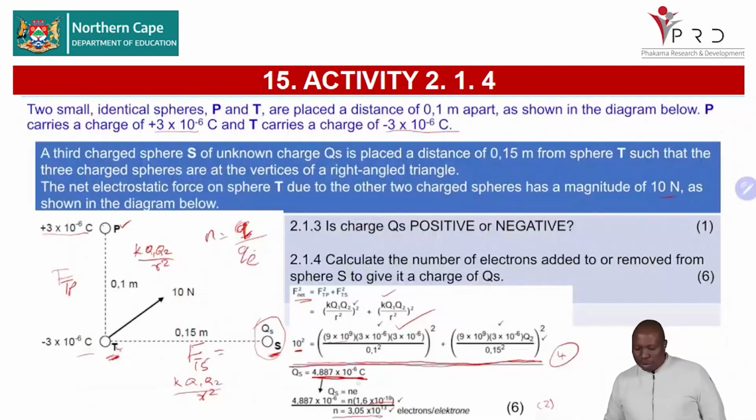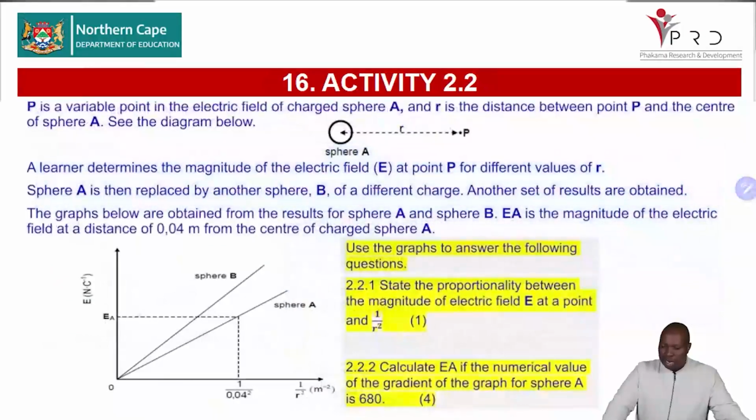I know that you have transposed: you took all of this and subtracted it from the 10 squared, which is 100, minus all of that, and then you are left with that side, and you are able to cross multiply until you get your Q, in this case your QS, which is 4,887 times 10 to the power of minus 6. Then you got your answer, the number of electrons as 3,05 times 10 to the power of 13. So I hope that helps you and you will know how to deal with questions like those.